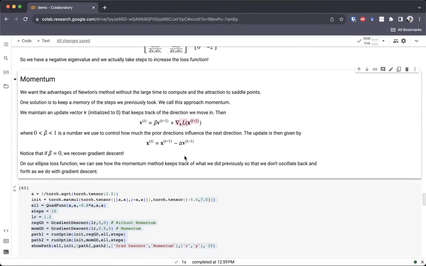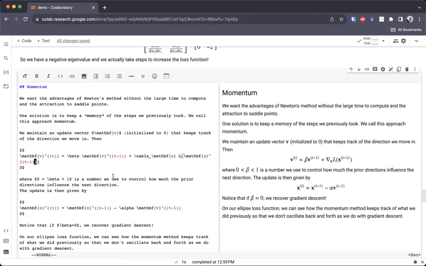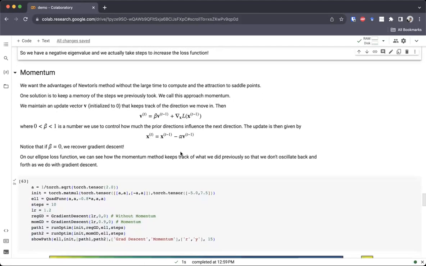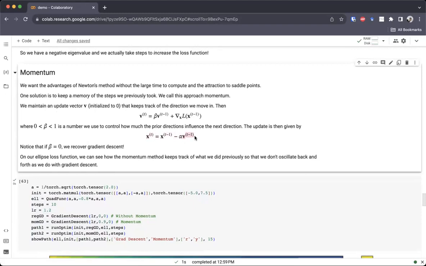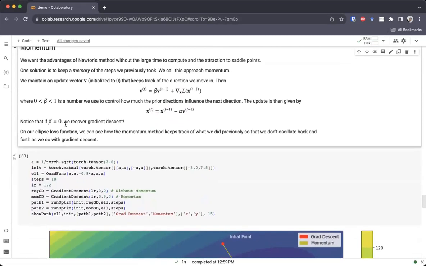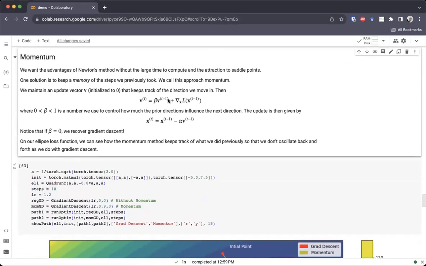Now that we've defined this intermediate vector, vt, we can then update where we're going at this next step based on the direction, which accounts for where we were, the gradient, the step, and the gradients at all the steps previously. Notice that if beta is equal to 0, then we don't take any history and we just recover the case we had before of gradient descent.